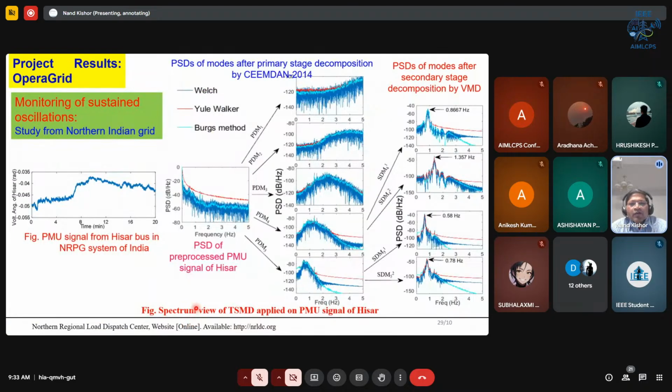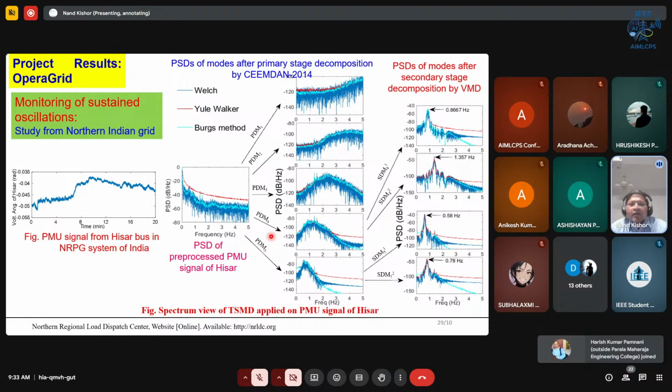Similarly, as part of another analysis, it was about how we can obtain sustained oscillations, and this was applied on the PMU signals from the SR bus. We considered different techniques here, and this is the oscillogram that refers to the power spectral density for the Hisar signal.